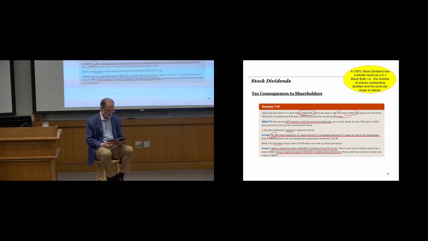What is the tax basis of each share of SCR stock now held by Jacob and Jenny? Jacob's original tax basis of $24,000 is divided among 150 shares. Hence, each one of Jacob's shares has a basis of $160. Jenny's original tax basis of $10,000 is divided among 50 shares. Hence, each one of Jenny's shares has a basis of $200.